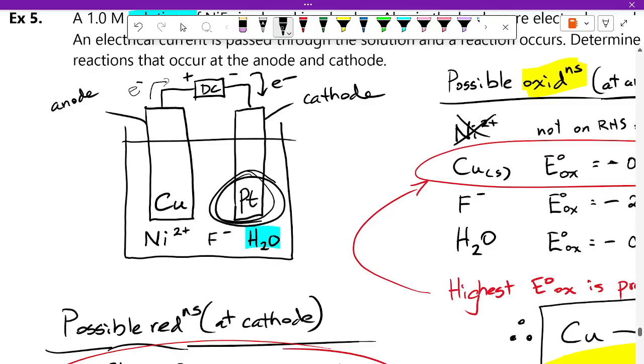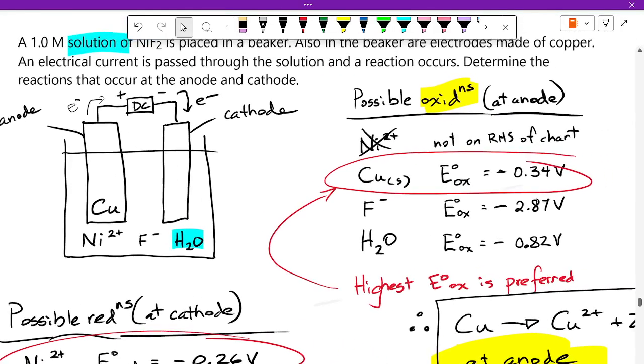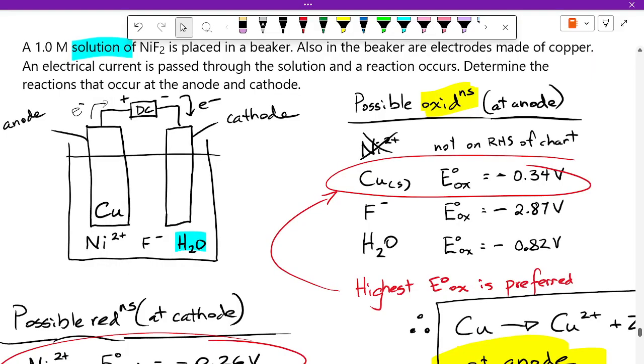I think that was because the ions move to one side or the other. Oh yeah, they move to one side or the other. I mean, honestly, you're going to end up eliminating the ones that don't go there anyway, right? Because nickel does not go towards the anode, right?